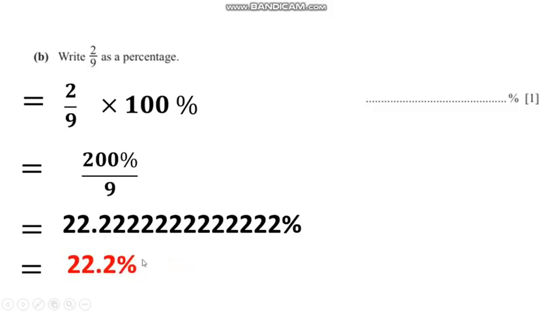Okay, this is our answer. If you want, you can leave it as a mixed fraction as long as there is a percentage, which can be 22 whole number 2 over 9. So we are going to have 22.2%. That is our answer. So sorry for the fraction to be 22 whole number, then 1 over 5. It's a correction on what I said on the fraction issue.